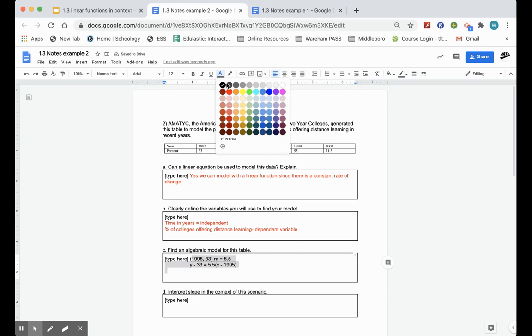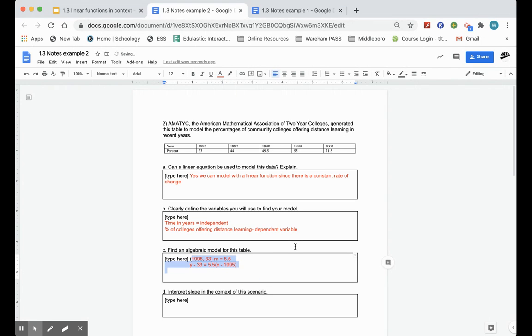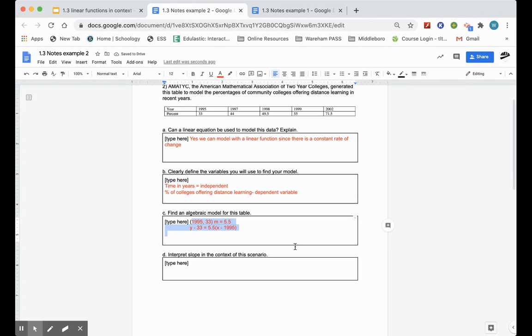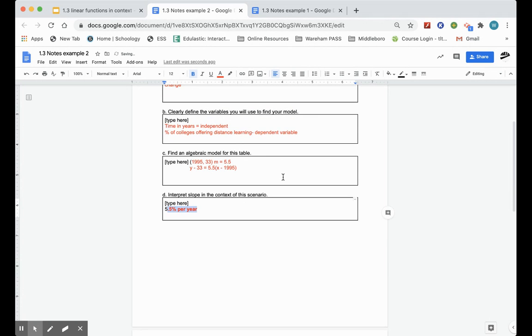So if we want to interpret the slope, there is a 5.5% increase per year.